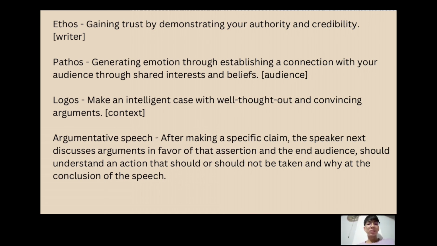The last one is logos. The third corner of our rhetorical triangle is logos. Logos represents the role of the text in effective persuasion, as it asks us to think specifically about how well the writer has argued his or her point. It appeals directly to logic and reason.